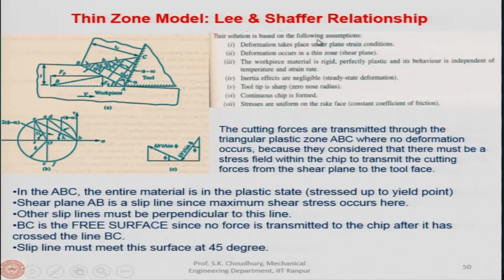Shaffer relationship. But why I wanted to discuss this with you is that this is another treatment given to machining, the metal cutting and metal removal process, but the principle used here is different. If you remember, let me remind you that Merchant's principle is the minimum power consumption. Okay.